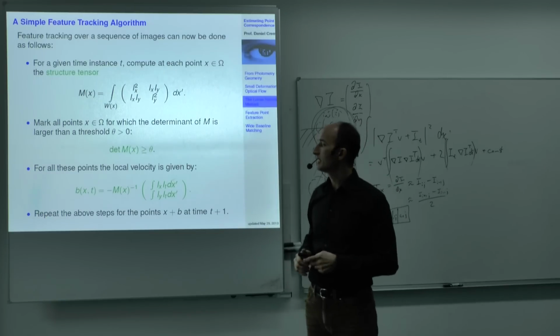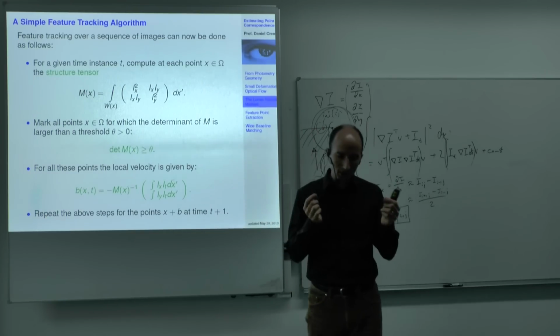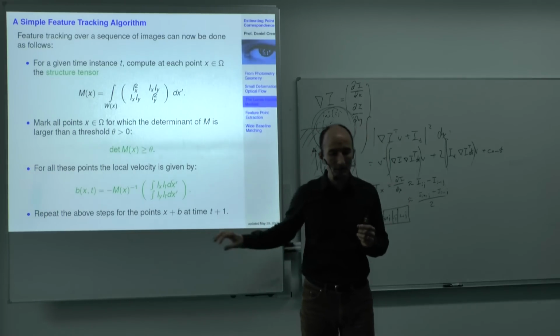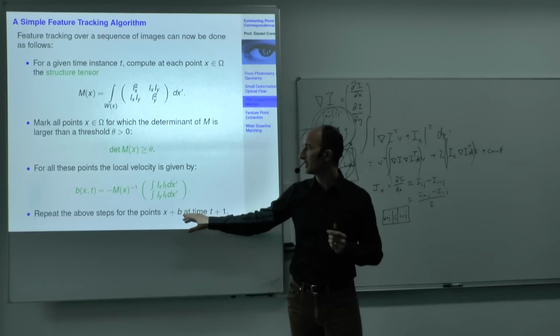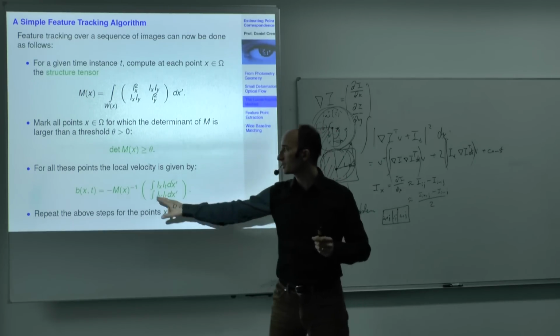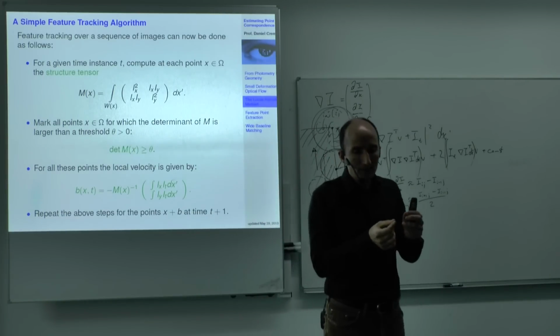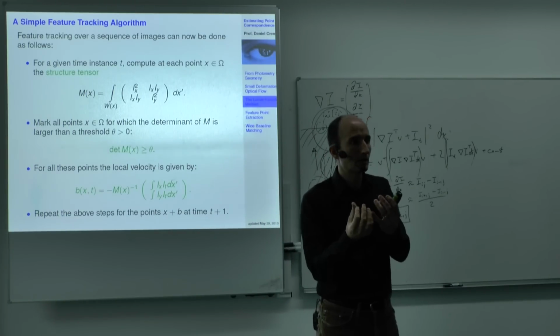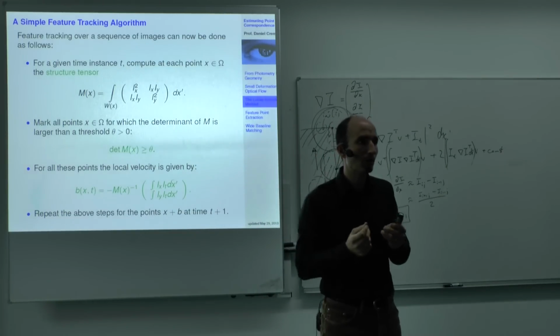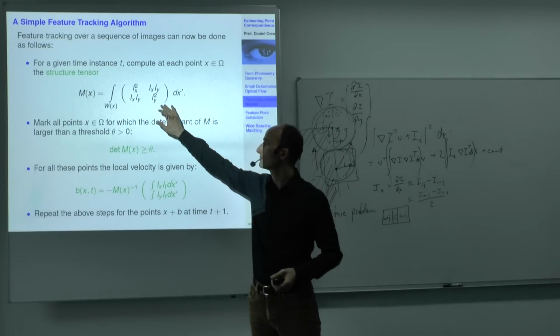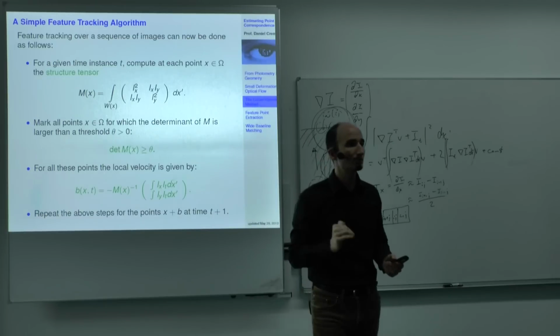The problem is, if you do that, of course there's a lot of technicalities you can imagine. If you do this tracking, sometimes the structure matrix will not be invertible any longer because maybe that point got into an area where the contrast in the image got so low that the gradients were so small that all of a sudden the determinant was below the threshold.